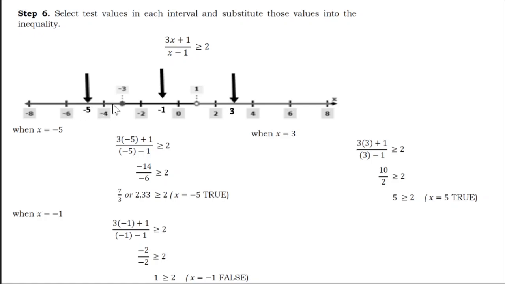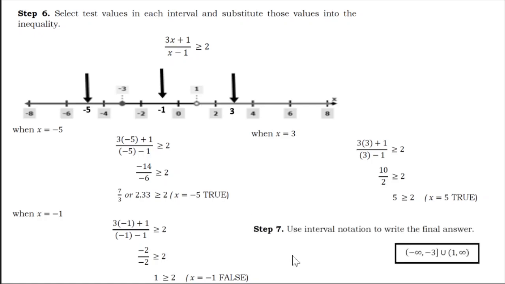So, our solution on this inequality, so, yung shaded part na ito, kasali si negative 3 up to negative infinity. And of course, dito rin. Pero hindi kasali si 1, greater than 1. All the values less than or equal to negative 3 and the values greater than 1. So, use the interval notation to write the final answer.